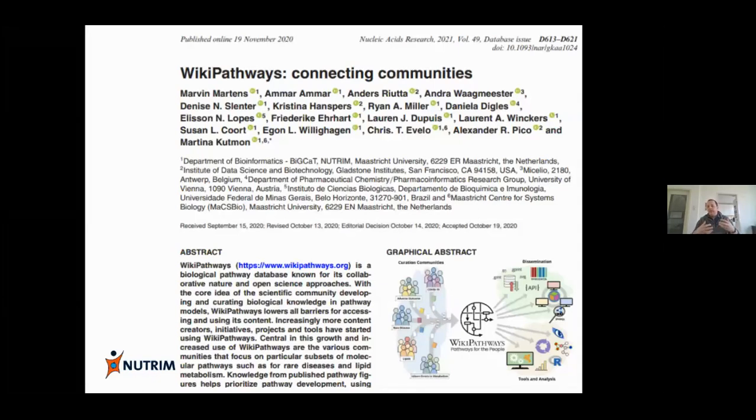And this last NAR article about WikiPathways focuses particularly on how we're connecting communities, and LIPID MAPS is one of these communities. But we have many more. Recent portals, recent communities being set up are, for example, about Daphnia magna as a new model system where there is not a lot of pathway knowledge available yet.